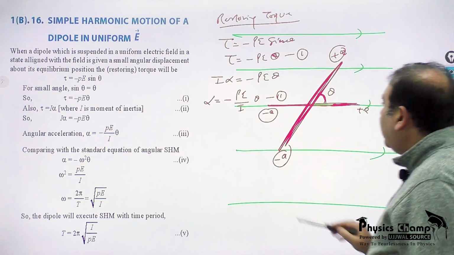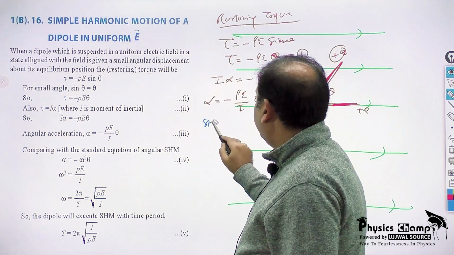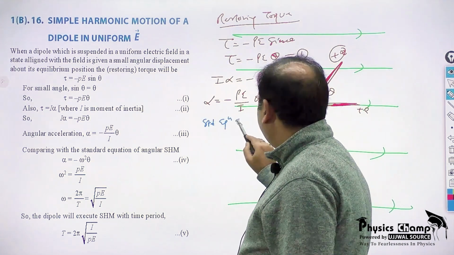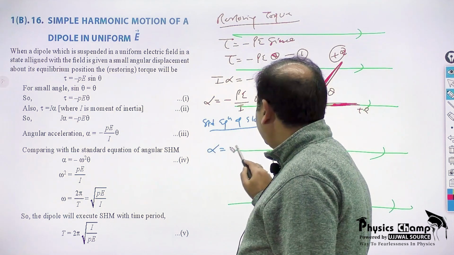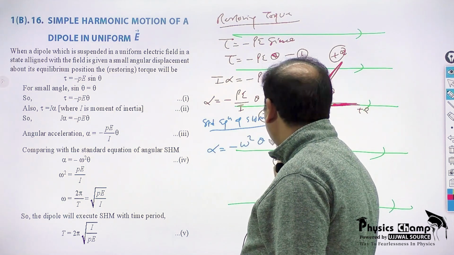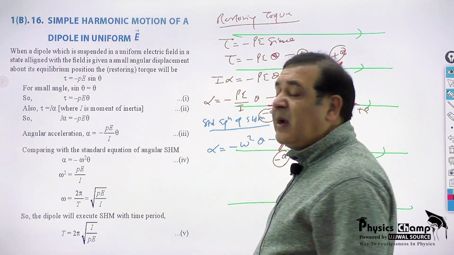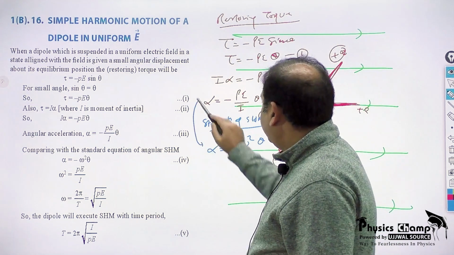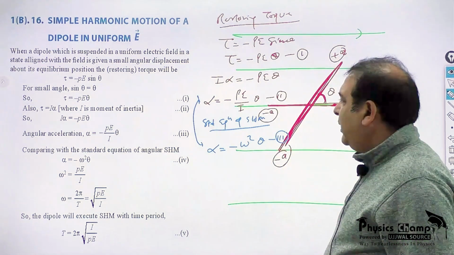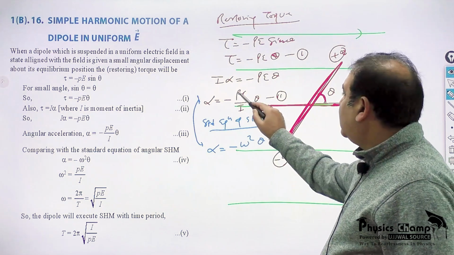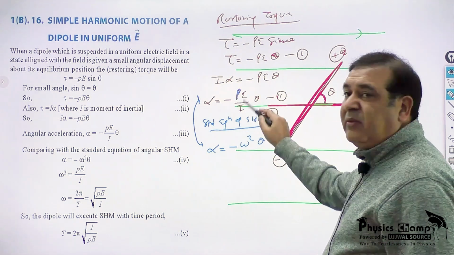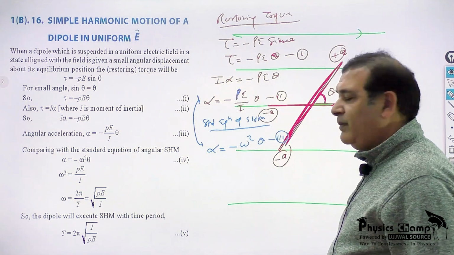And what is the standard equation of S.H.M? Which is alpha, restoring acceleration, is minus omega square theta. So I'm comparing the second and third. It proves, yes, it is simple harmonic motion because it is minus PE by I, which is constant, into theta.